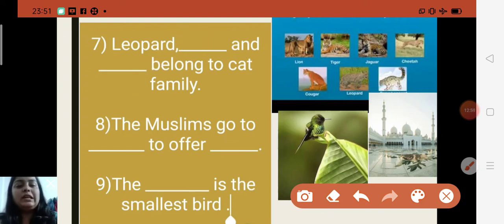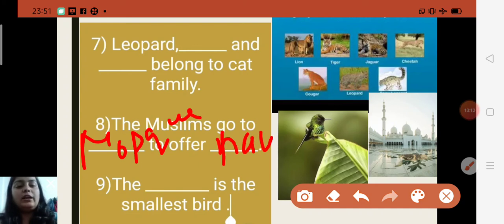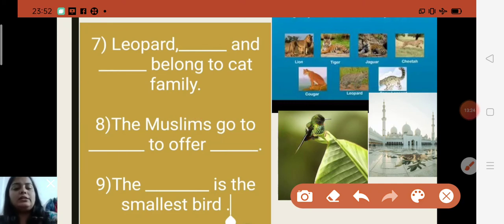Now next one is here. The Muslims go to dash to offer dash. So the Muslims go to the mosque to offer namaz. Now next one is there. The dash is the smallest bird. Yes, the hummingbird.